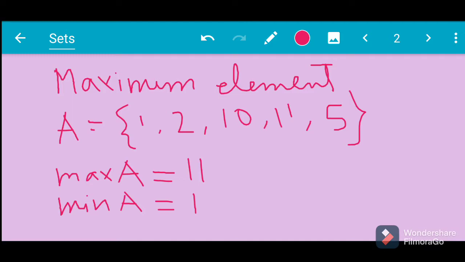Now it is not necessary that every set must contain a maximum or minimum element.